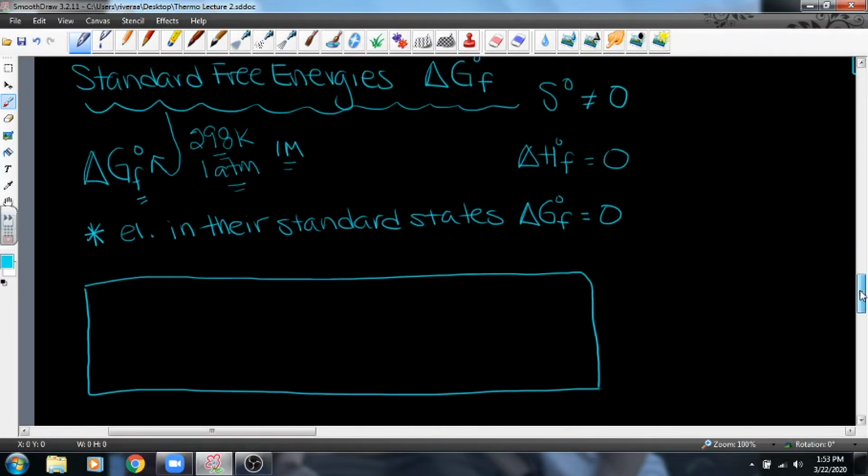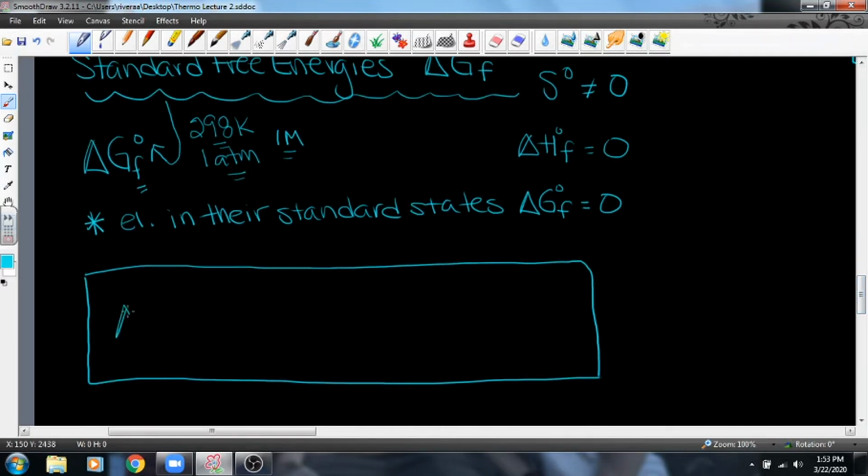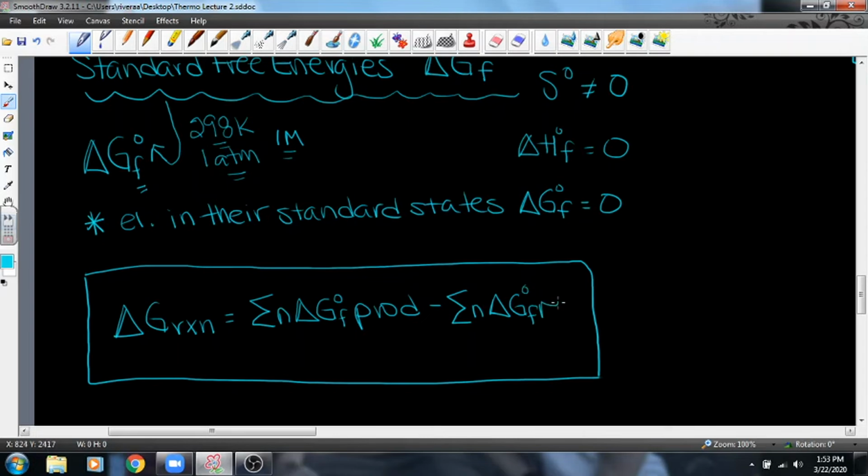And again, because this is a state function, we can actually get the free energy change of a reaction by doing the sum of the moles of the free energy change of formation of the products minus the sum of the moles of the free energy change of the reactants.